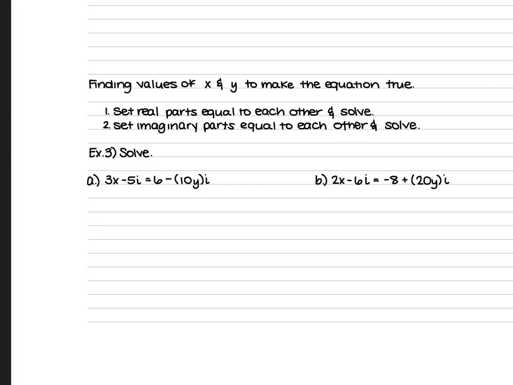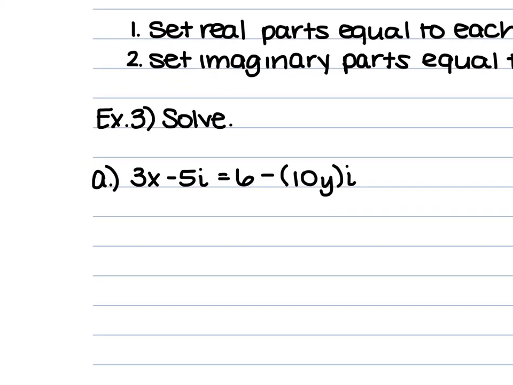With these, our real parts are the 3x and the 6. Your imaginary parts are the negative 5i and the negative 10y times i. Take these two and set them equal to each other. So 3x is equal to 6, and negative 5i is equal to negative 10y times i.